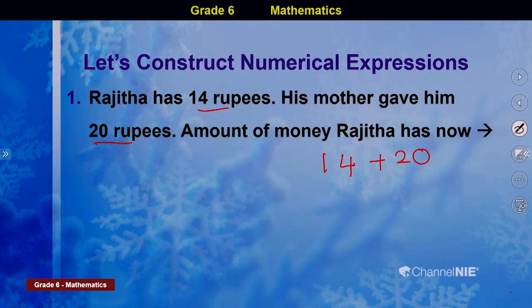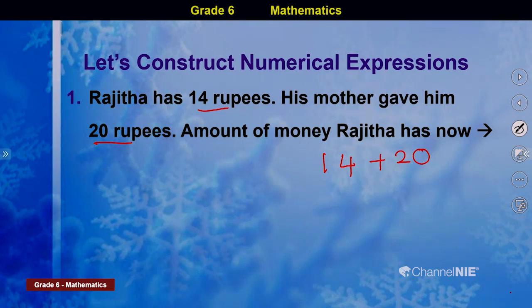Now this is a numerical expression. Can you see? It has numbers and also a mathematical operation. To get the total amount of money Rajitha has now, we have to add 14 and 20.